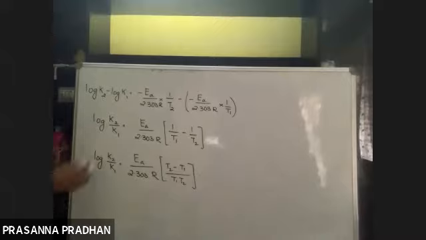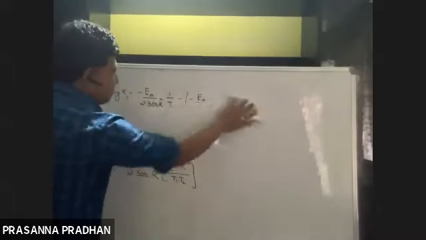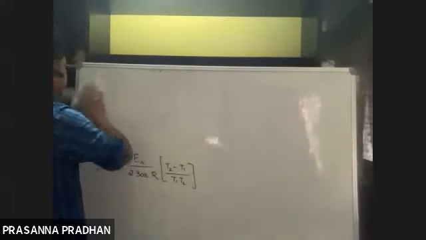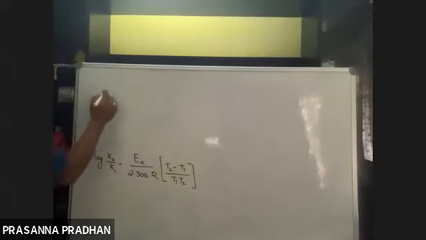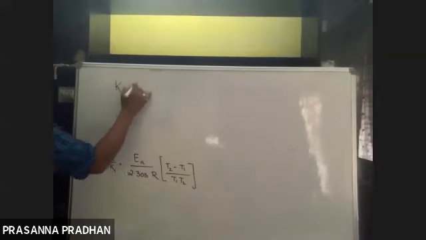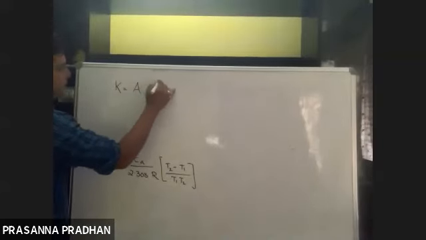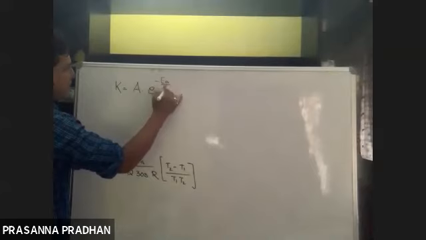Fine. So here we came to know that there are actually three different forms of Arrhenius equation. What are they? One is K equals A e to the power minus EA by RT.